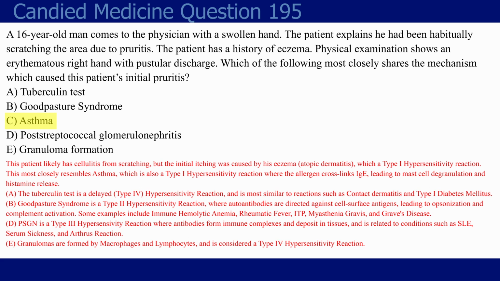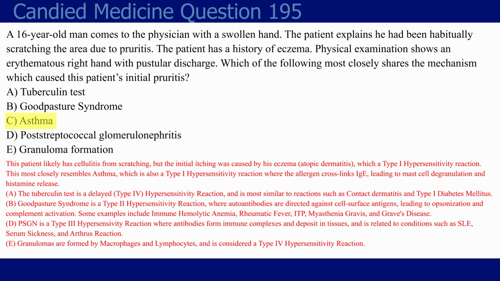Choice B, Goodpasture syndrome. This is type 2 hypersensitivity. Autoantibodies are directed against cell surface antigens, leads to opsonization and complement activation. So some big ones you get tested on: immune hemolytic anemia, you see that a lot in blood transfusions. Rheumatic fever, which of course is hypersensitivity to Strep pyogenes because of the molecular mimicry that it expresses.